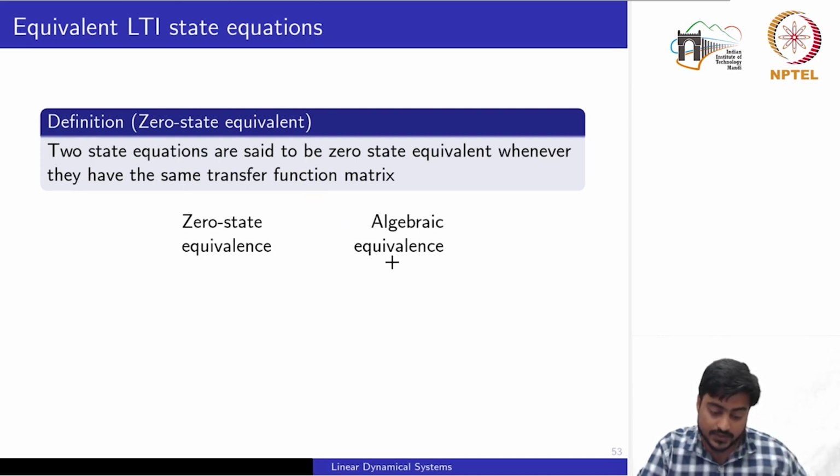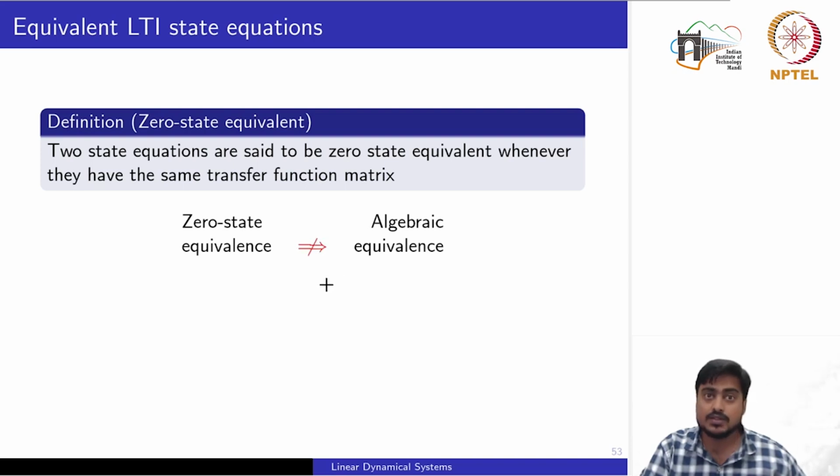The first implication is that algebraic equivalence always implies that the two representations have zero state equivalence, because it is a property of algebraic equivalence that they have the same transfer function, and we have defined zero state equivalence in the sense that they have the same transfer functions. So this implication always holds.